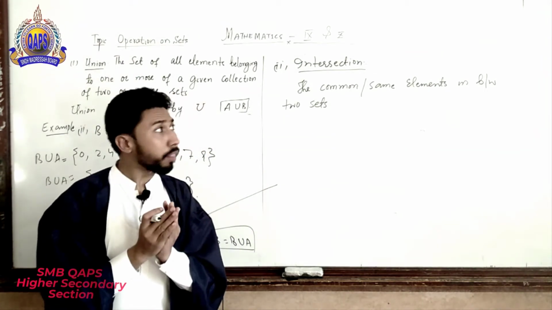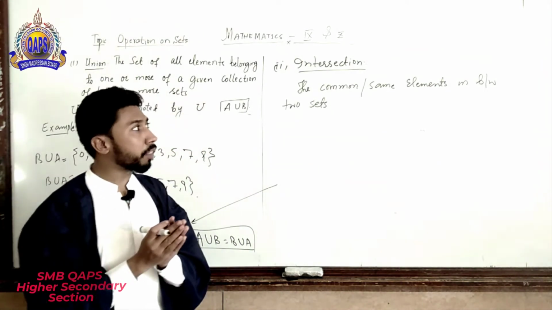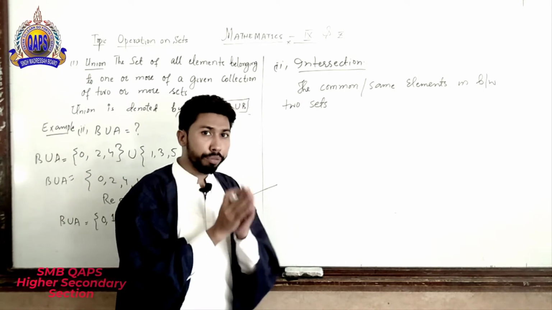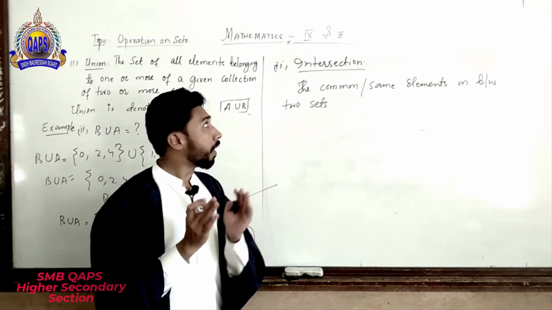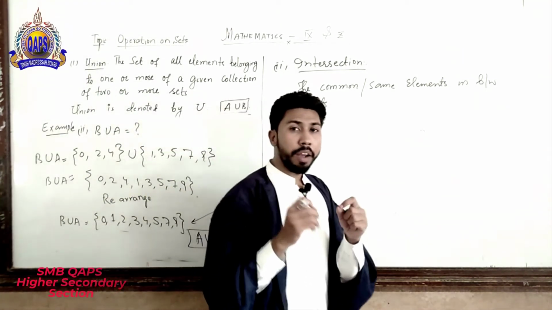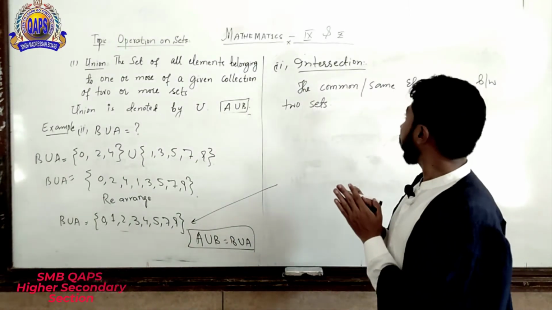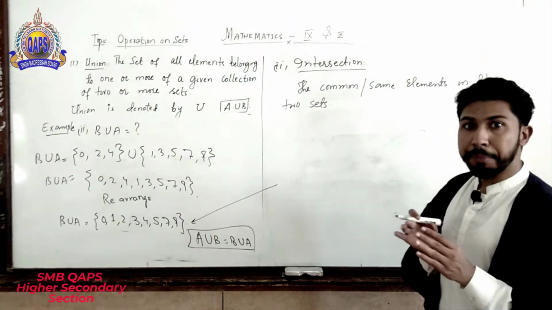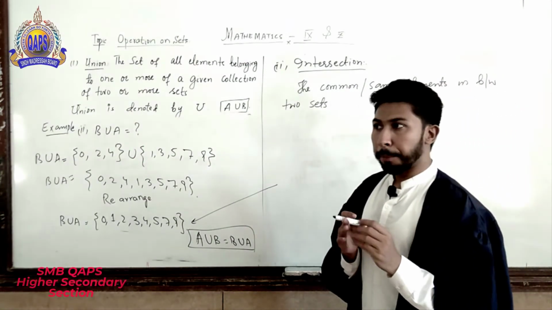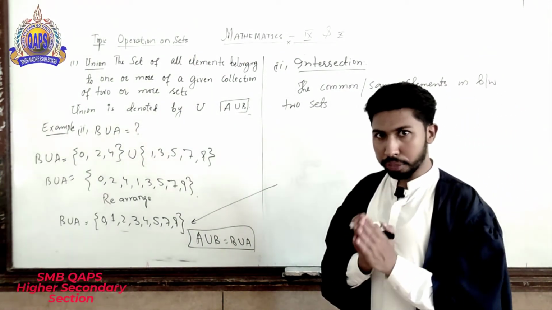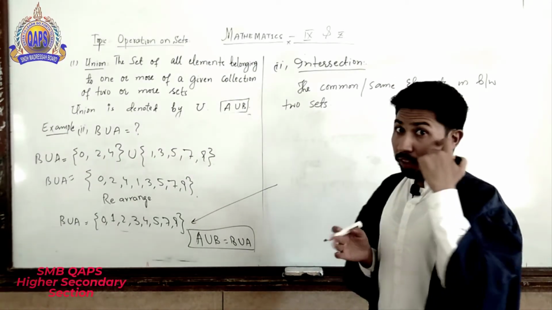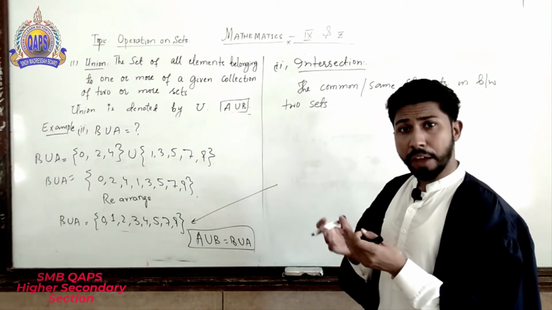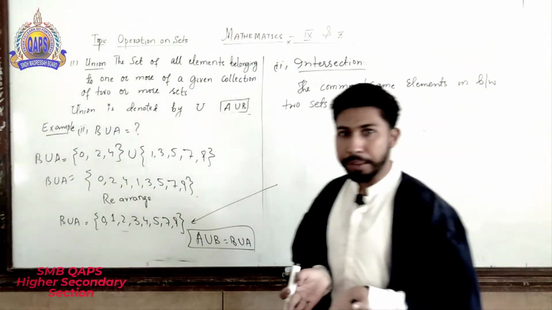If the same elements are given in two sets, then we say that the intersection is allowed. If the two sets have no common elements, then it represents only the null set, because there is no similarity in elements. That's why we write it in the form of the empty set.